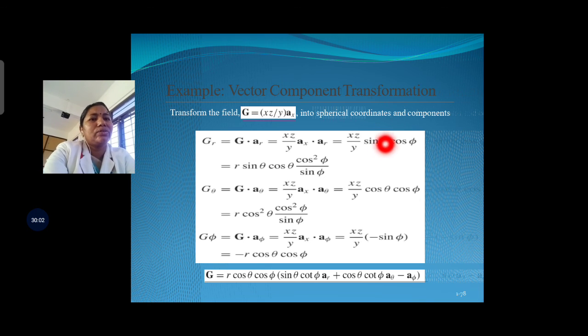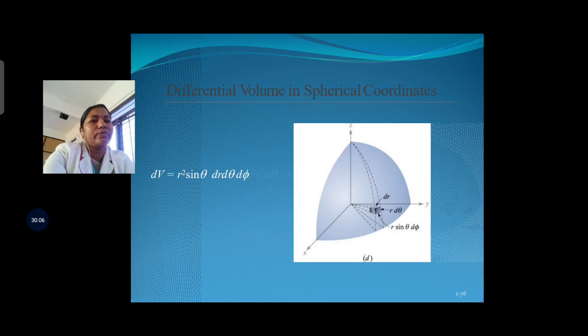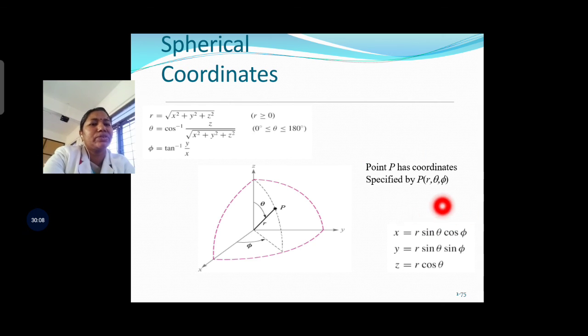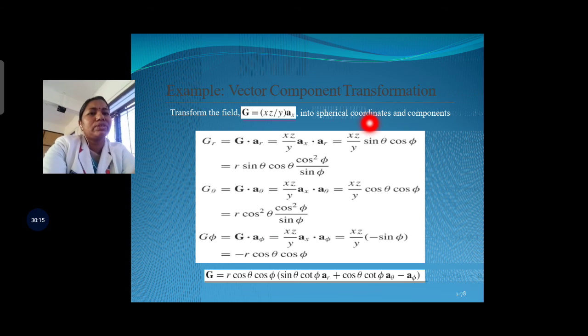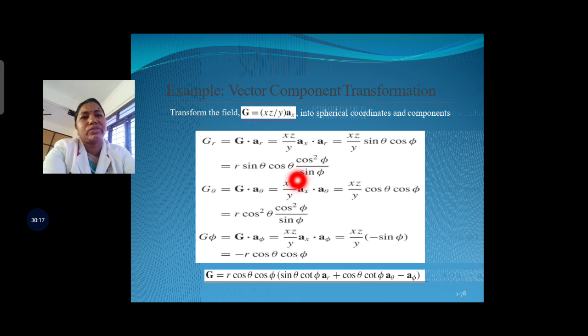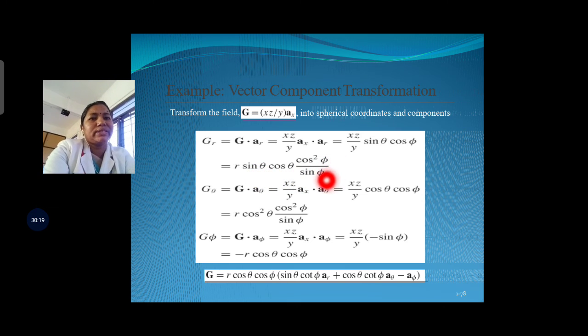Now we have to substitute these x, y, z values from this equation. We are going to substitute this x, y, z in this equation. We will get r sin theta cos square phi by sin phi. Likewise we are going to calculate for G_theta.